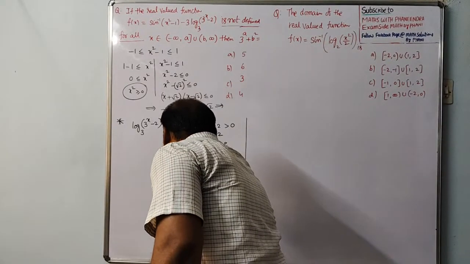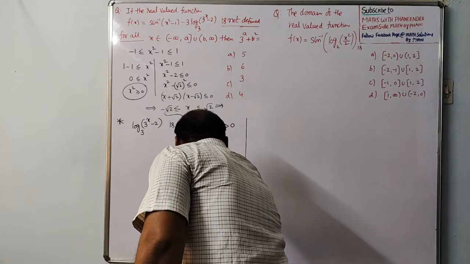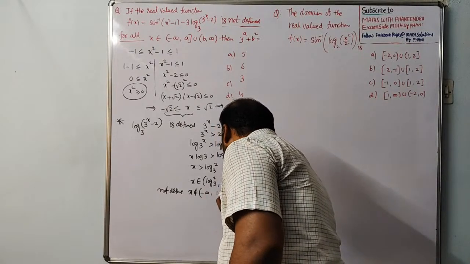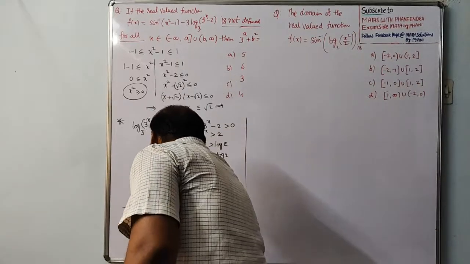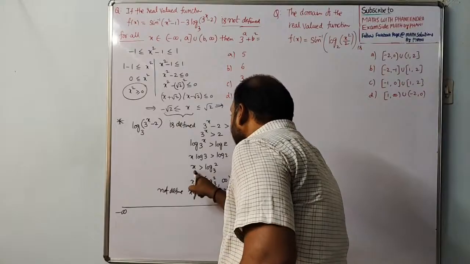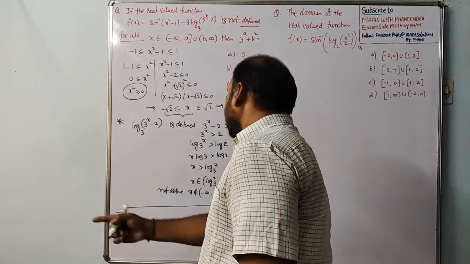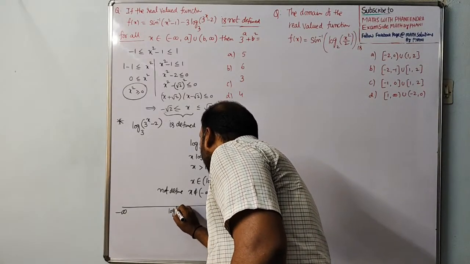Not defined. x does not belong to, other than this region, minus infinity to log 2 to the base 3 only, no? In this, minus infinity to x is greater than log 2 to the base 3 means the less than values will be log 2 to the base 3.